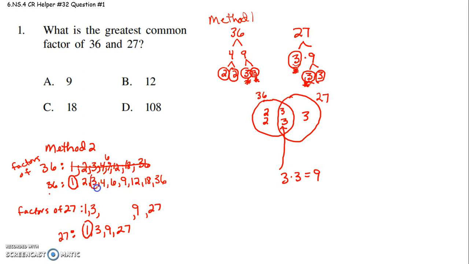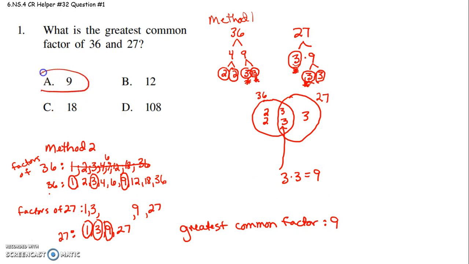You can see 3 is a common factor. So if they ask you to list all the common factors, then we jump up here. 9 is a common factor. But they want the greatest common factor. If they're asking for the greatest common factor, they want the 9.